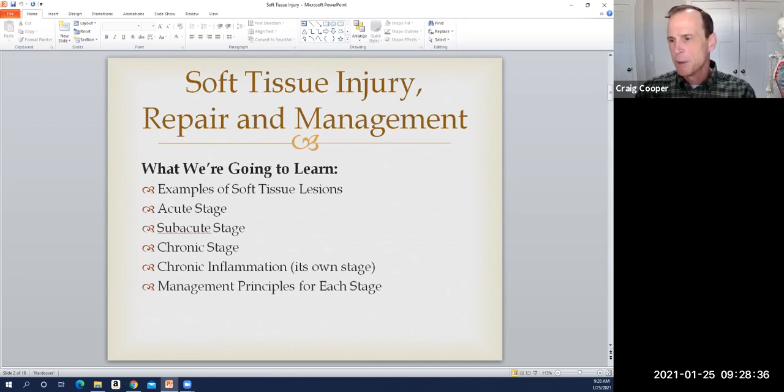So this kind of just builds on that. We'll look at acute, subacute, and chronic, and then we'll talk about chronic inflammation too. And we'll look at general recommendations for when it's most appropriate to move from passive to active assistive to active, and from isometric contractions to concentric contractions to eccentric contractions, things like that as we go through these.